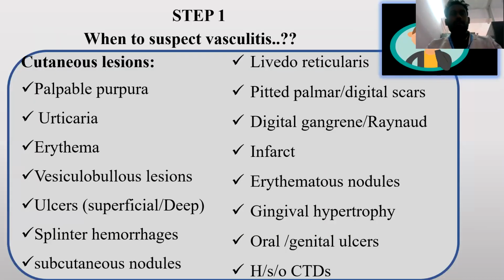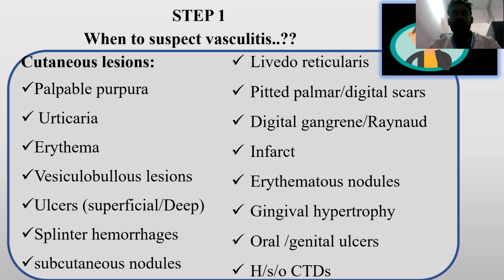So first, in order to approach a patient with vasculitis, first of all, if we want to suspect vasculitis, what are all the things we should consider? One thing is the cutaneous lesions, which are very important in case of vasculitis.